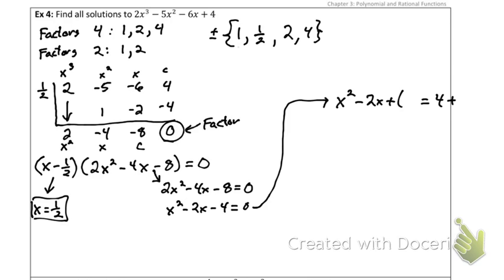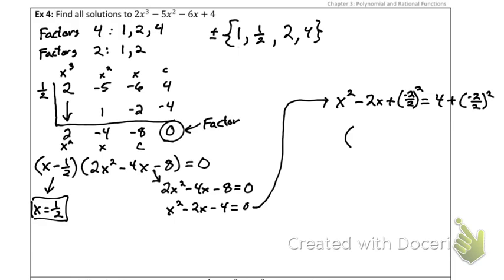And that something is going to be negative b over 2, squared. If you're working on both sides of the equation, you add to both of them. If you're working on one side for vertex form, you add and then subtract it.